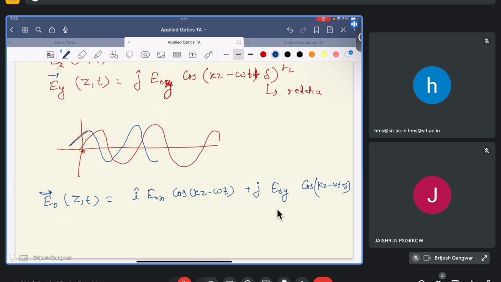Now we are considering a specific case 1, where this delta is equal to plus or minus pi. Then what will be the case?